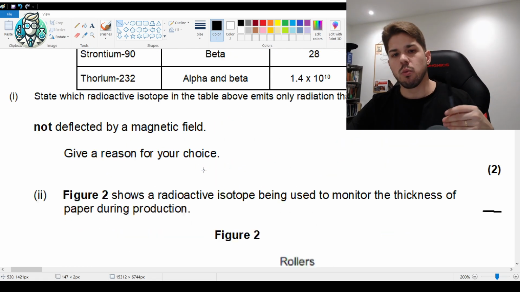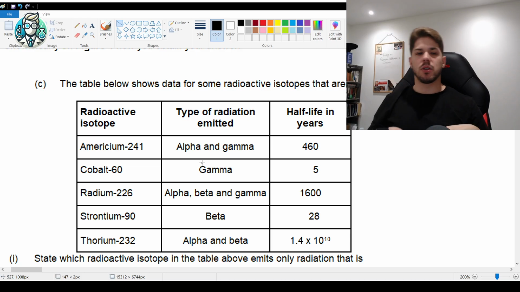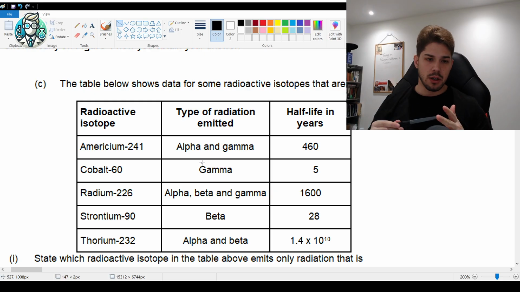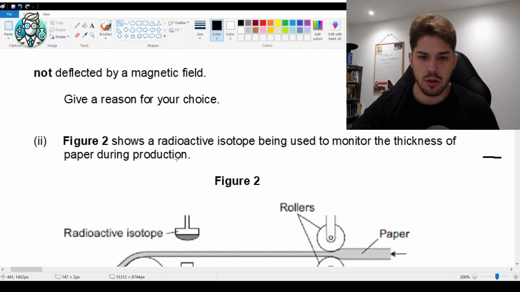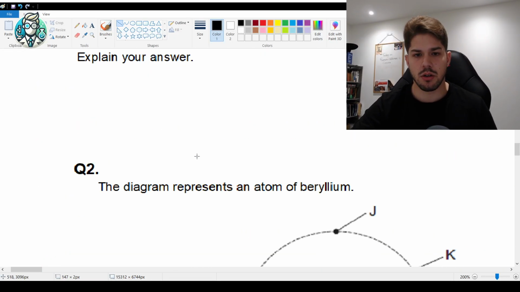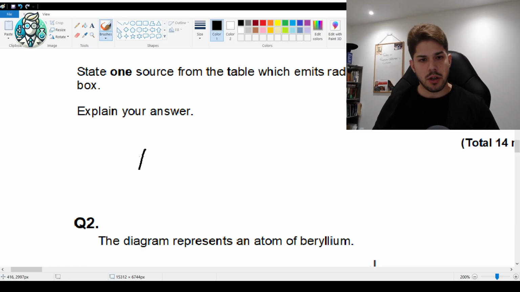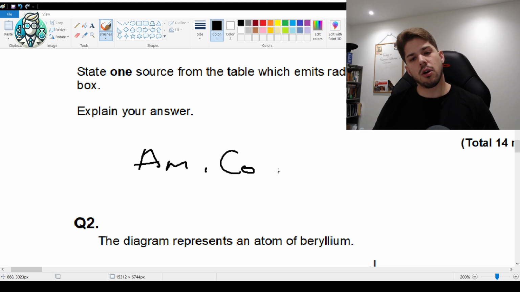So, which are the radioactive isotopes that can pass through? Americium, cobalt, and radium, and that's all. So those three: americium, the symbol is Am, cobalt is Co, and radium.